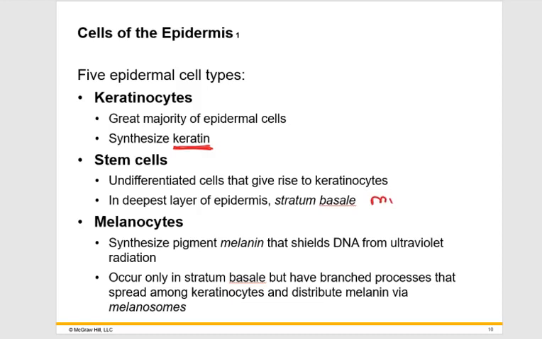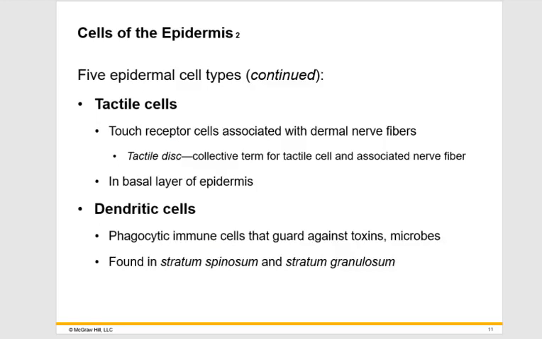These are the cells able to undergo mitosis and help us to continue to regenerate new skin cells. Melanocytes produce melanin. This gives our skin pigment. Tactile cells, these are our touch receptors. And then dendritic cells, these are our immune system cells.